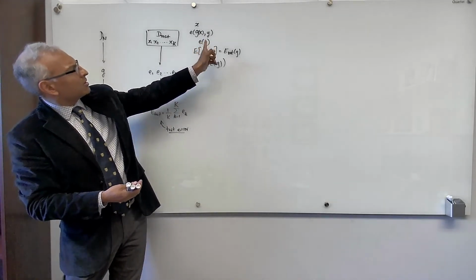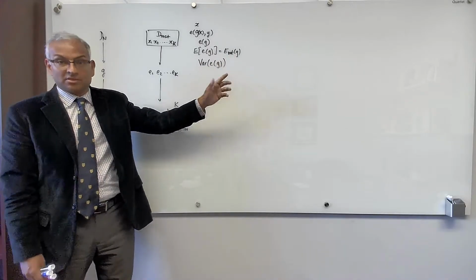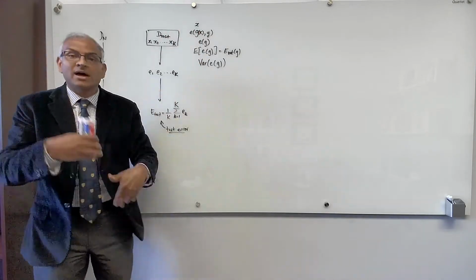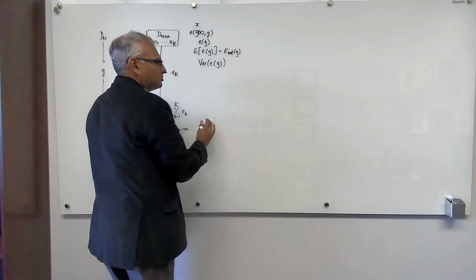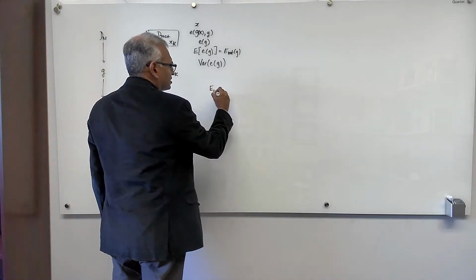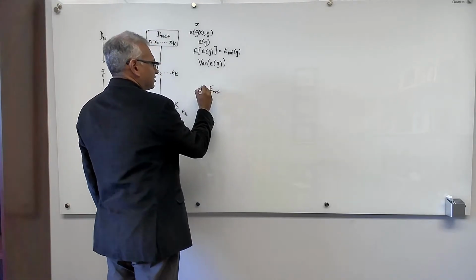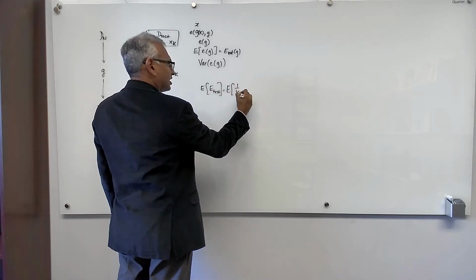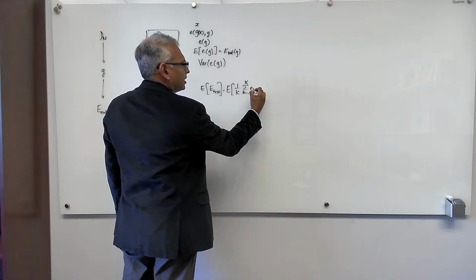Now, the error on a single point has the correct expected value, and it has some variance, which could be large. It depends on the distribution of X and Y and so on and so forth, okay? But now let's look at the test error. So the expected value, and you should be able to do these calculations quickly, hopefully. So the expected value of the test error is equal to the expected value of 1 over K, the sum from little k equals 1 to big K of e_k.